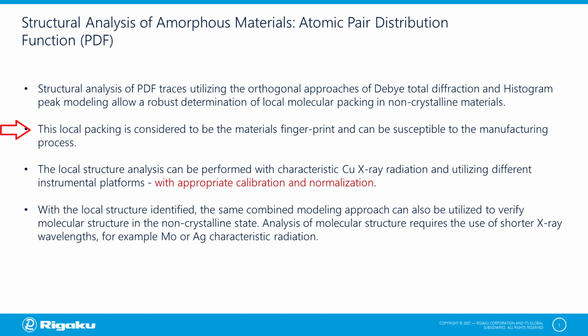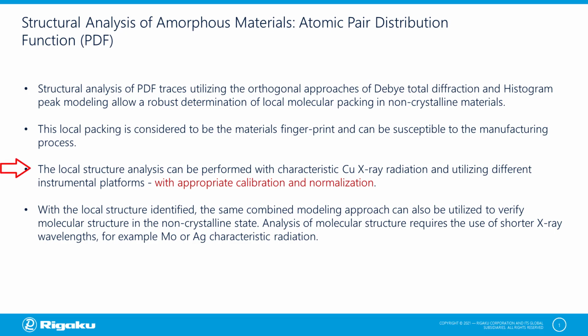This local packing is considered to be the material's fingerprint and can be susceptible to the manufacturing process. Depending on how exactly you've made your amorphous or glassy material and how it has been stored, the whole thermal history, that will directly impact this local material's fingerprint that you can extract from total diffraction and PDF analysis.